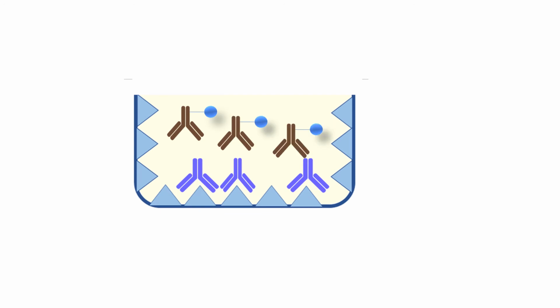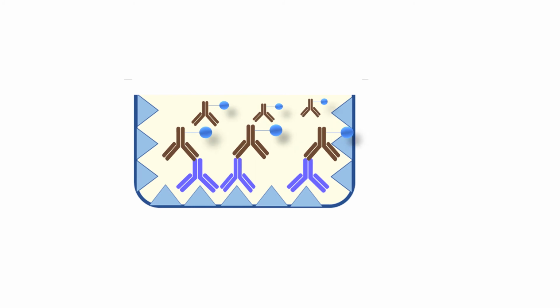Now here we are going to add the enzyme conjugate. What is the enzyme conjugate? It is the antibody which is linked with the enzyme, that is, the secondary antibody. So here we have added it, and you can see this enzyme conjugate, the secondary antibody, will bind with the primary antibody.